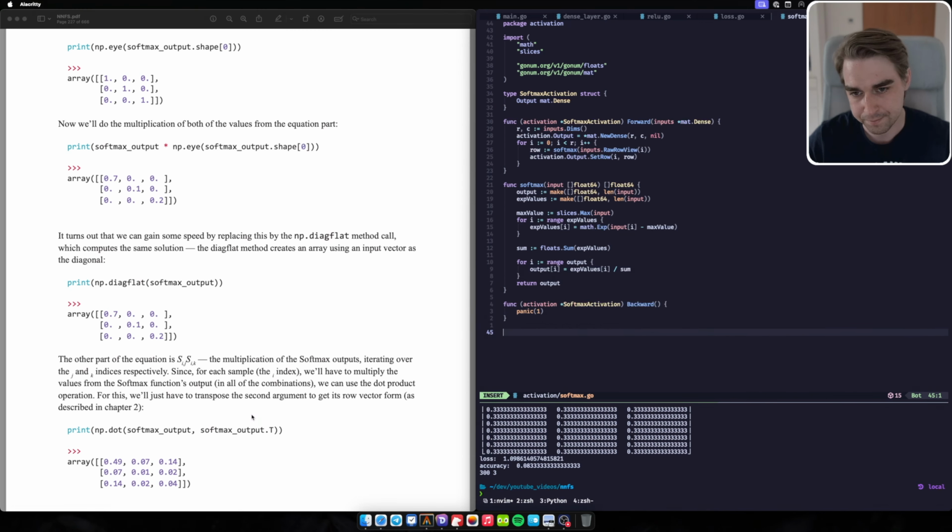I'll just write it myself. And it returns a two-dimensional array, right?